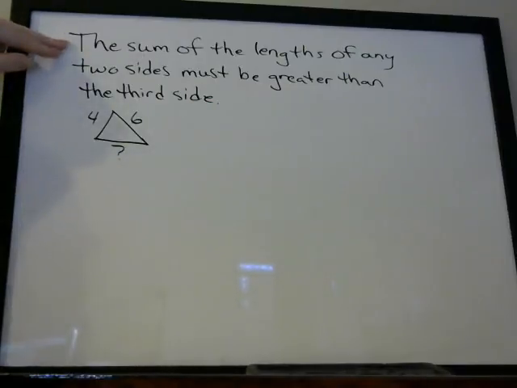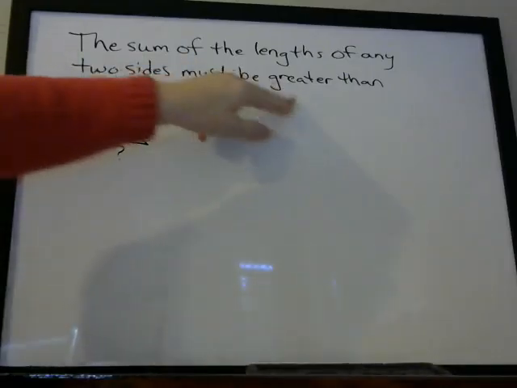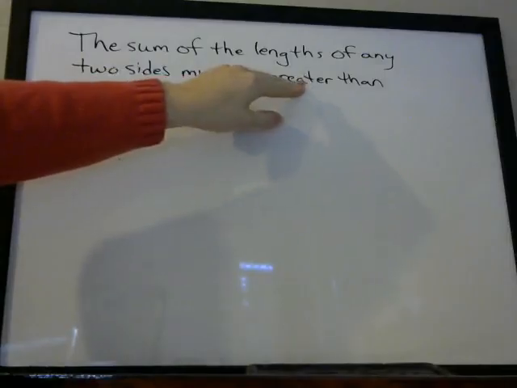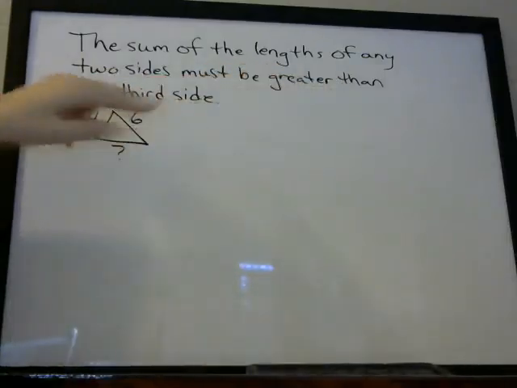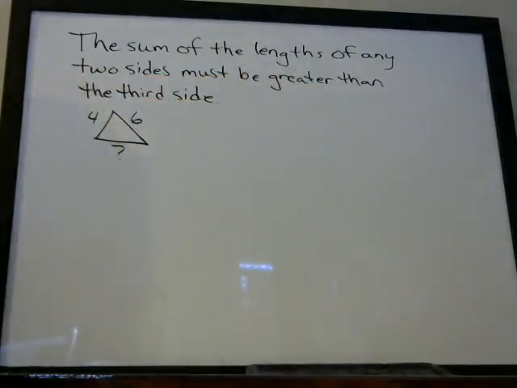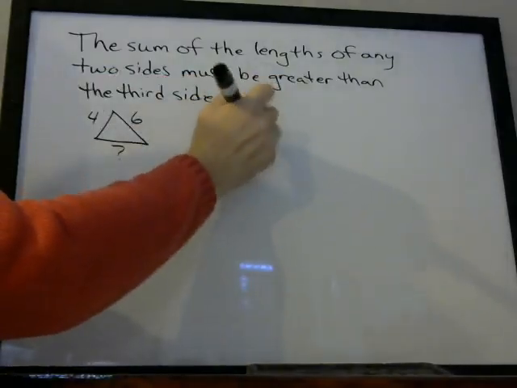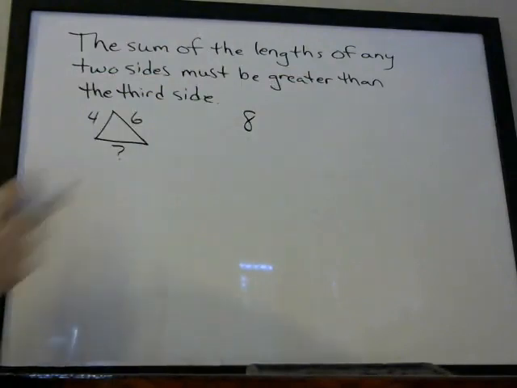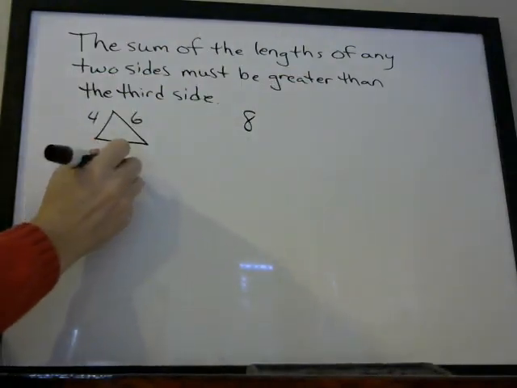Well, we know the sum of the lengths of any two sides must be greater than, remember this too, it has to be greater than the third side. So for example, we'll just do a couple. Can this third side be 8?